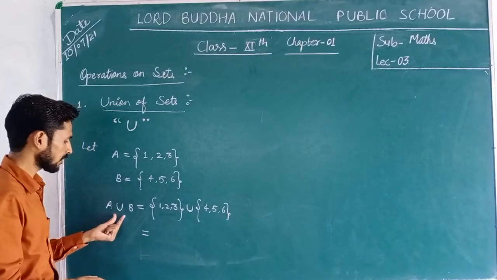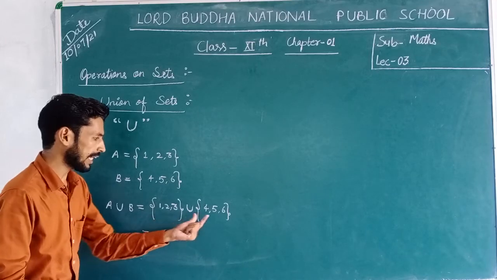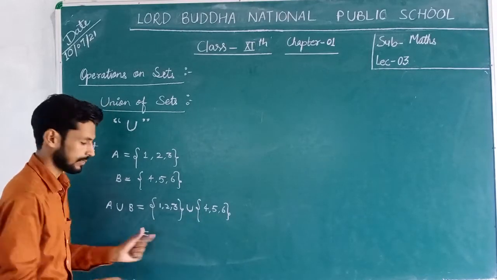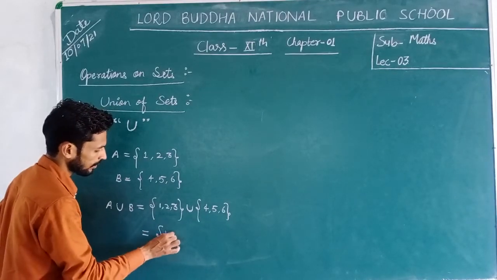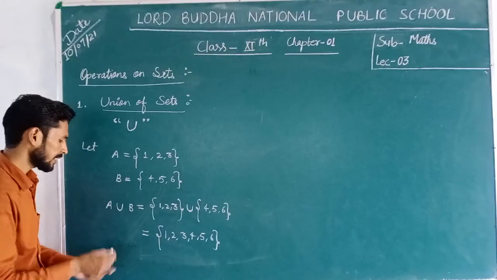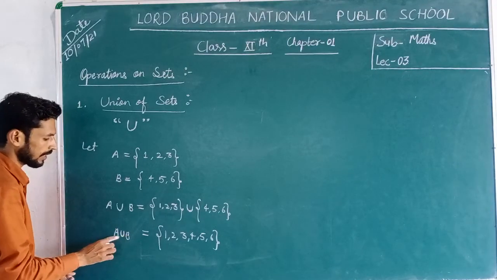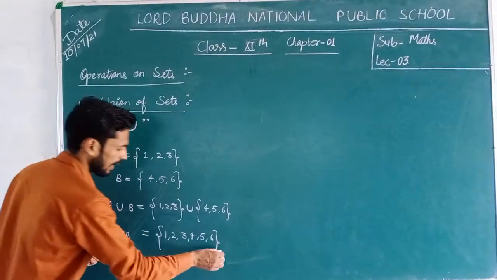By taking this operation, we can write all the elements in a single set. So write here 1, 2, 3, 4, 5 and 6. This is the union of A and B.